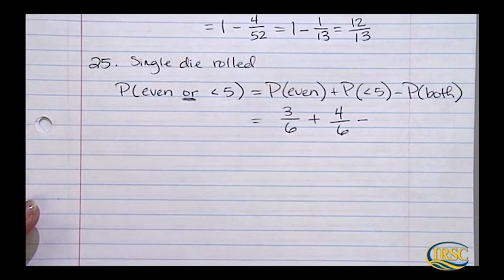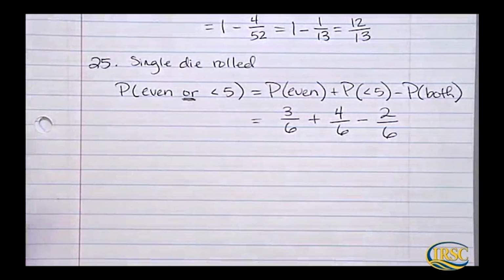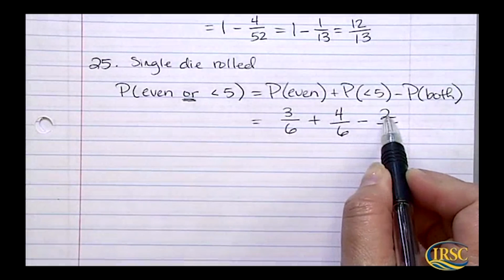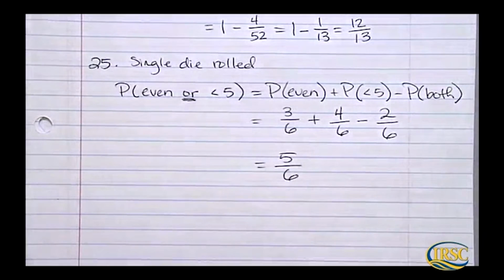So the 2 and the 4 are both even and less than 5. So 2 out of 6. Now this, in the last problem we reduced, but in this one it would be helpful not to reduce until you have added your fractions together because you need a common denominator. Okay, so 3 plus 4 is 7, and 7 minus 2 is 5, so you get 5 over 6.